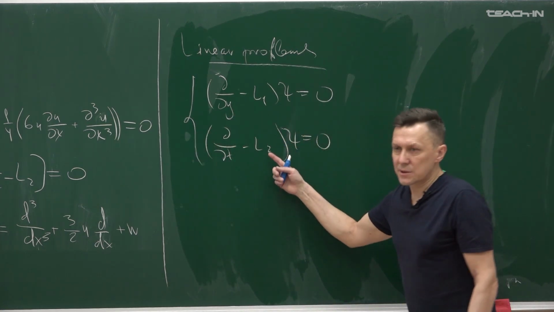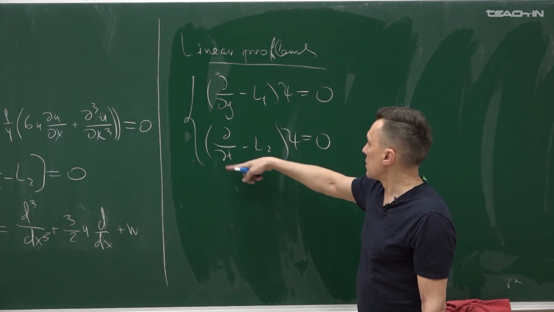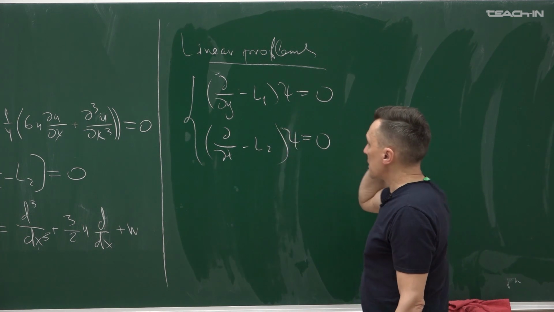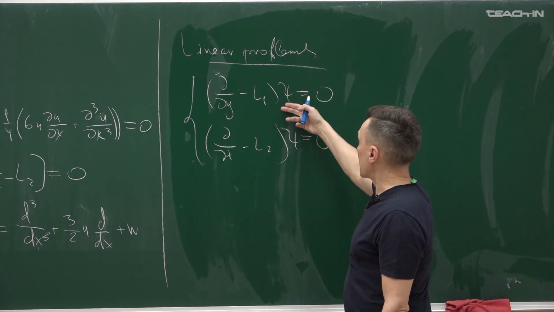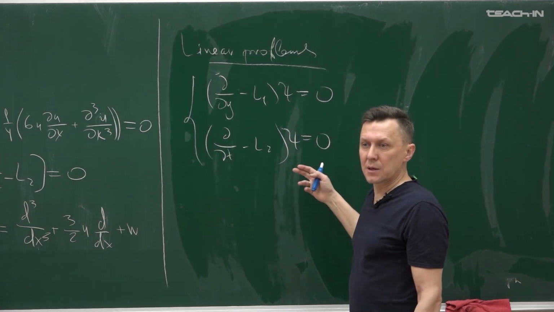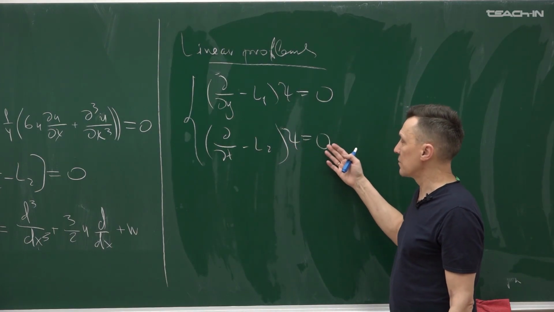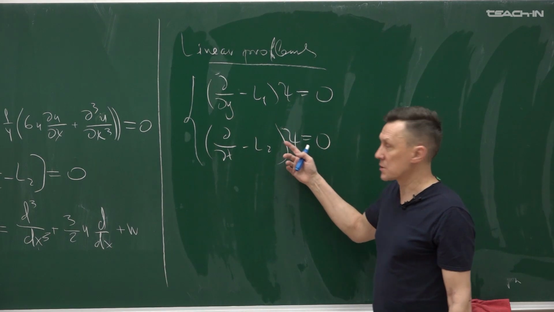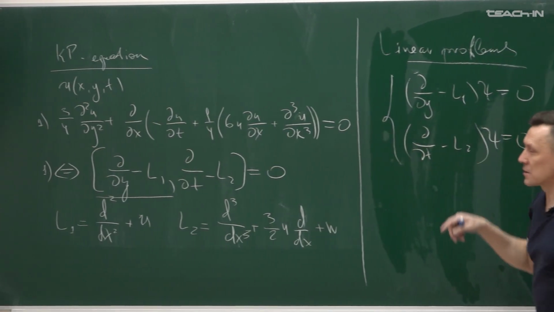So you see, the system of linear equations on y and t and on psi has a common solution, or it is most likely that it has a big space of common solutions, if and only if these operators are consistent.